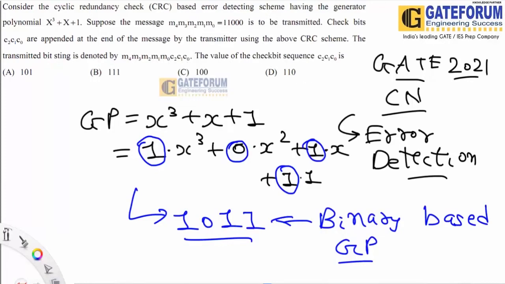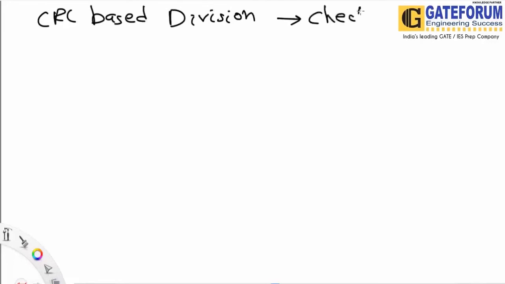So basically here we need to do a CRC based division to calculate the check bits. How will we do it? Let's try to identify.